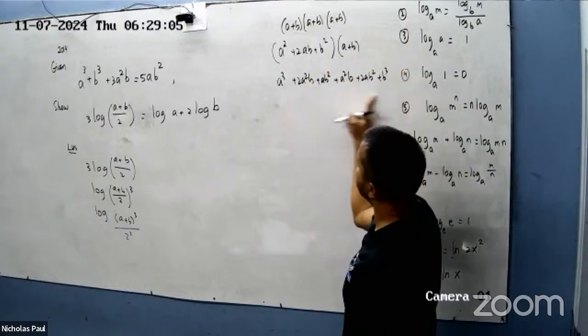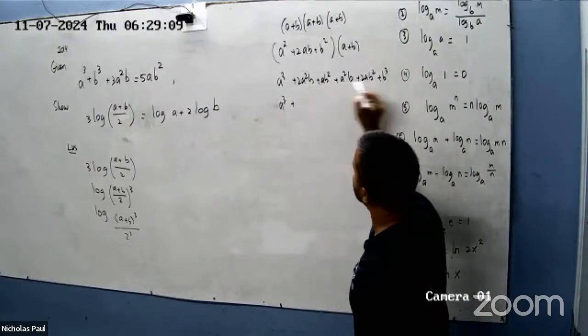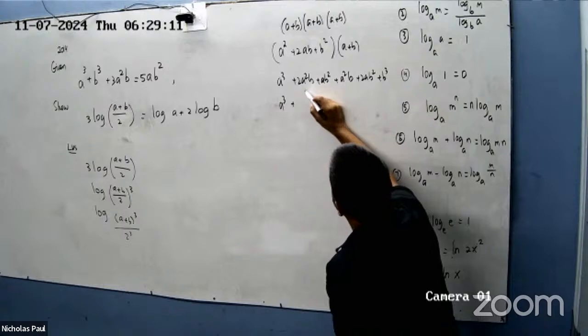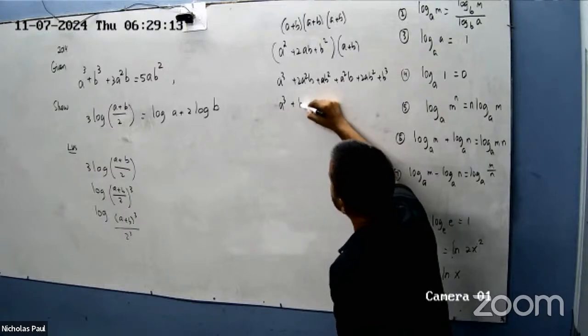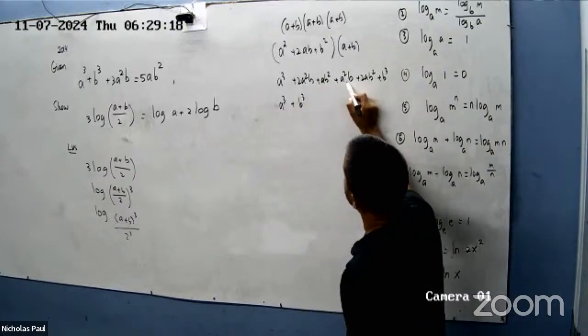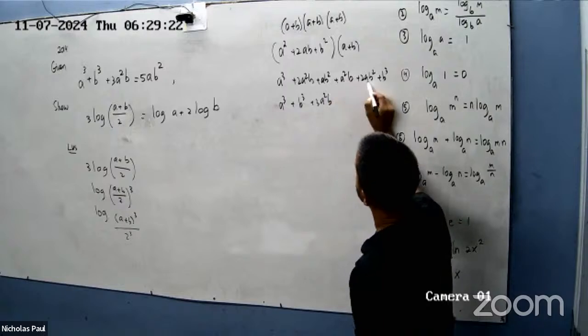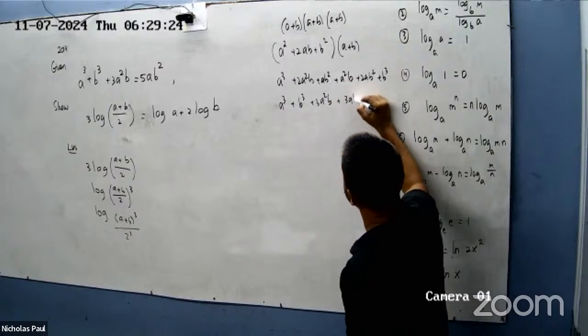And then when you reach here, group your like terms together. You'll end up with a cubed, b cubed. 2 of this plus 1 of this is 3a squared b. 1 of this plus 2 of this is 3ab squared.